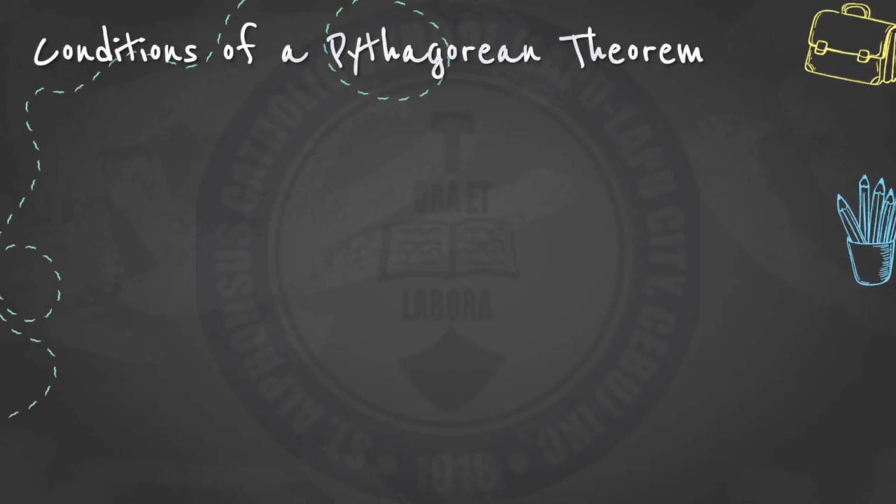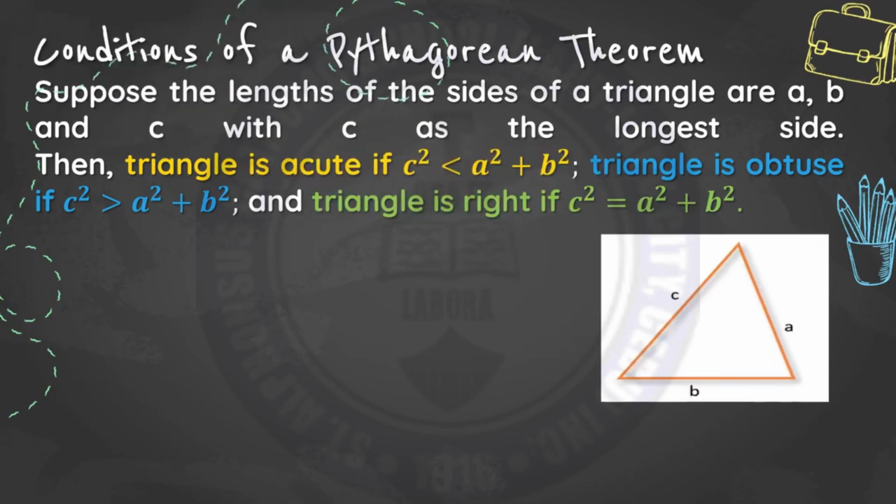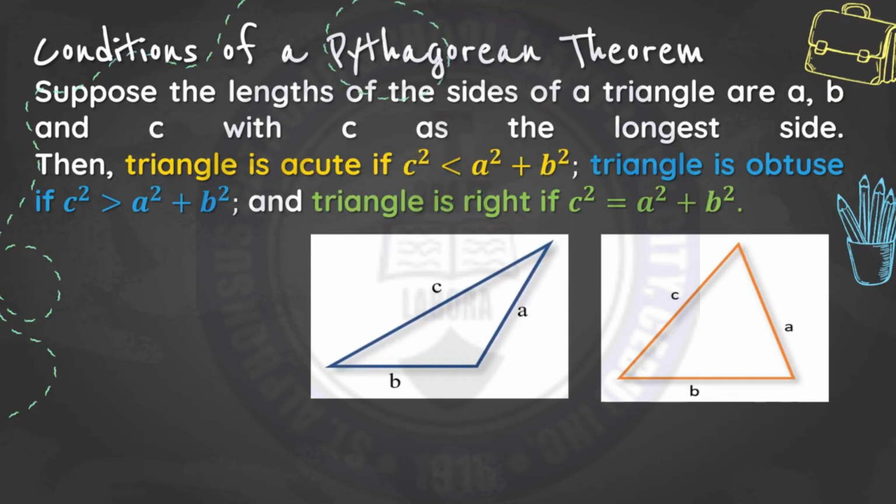Now, there are 3 conditions for the Pythagorean theorem. Suppose the lengths of the sides of the triangle are A, B, and C, with C as the longest side of the triangle. The triangle is acute if C squared is less than the sum of the squares of the 2 remaining sides. The triangle is obtuse if C squared is greater than the sum of the squares of the remaining sides.